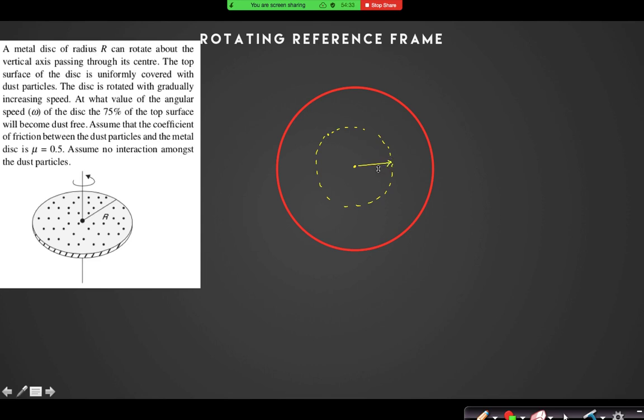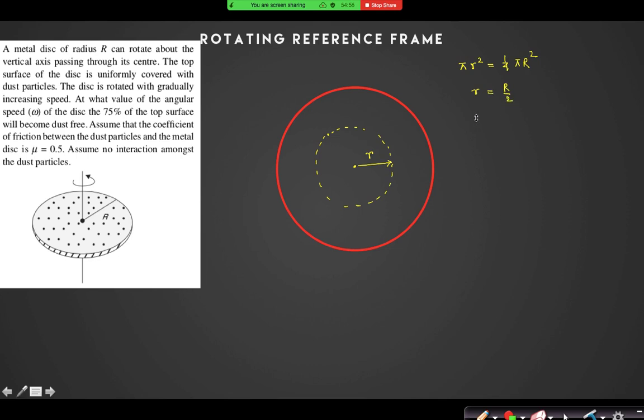As they are uniformly distributed over that surface, can I say that pi into small r square is 25% of pi into capital R square? Yes, sir. Pi small r square is 1 by 4 times pi into capital R square. So small r is equal to capital R by 2, right?